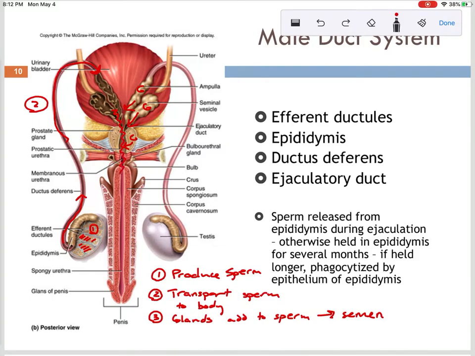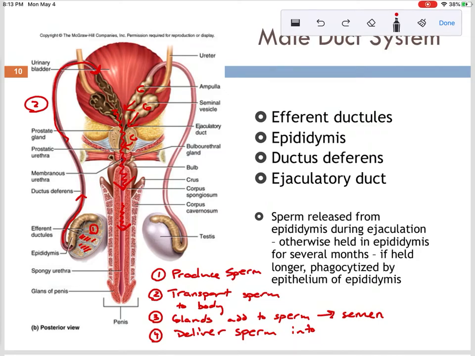So step number 2 is that we transport the sperm up into the body through a series of ducts. Step number 3 is as that sperm continues down, the glands add things to it. So by the time we get to the urethra inside the penis, it is now semen, sperm plus the accessory gland secretions.